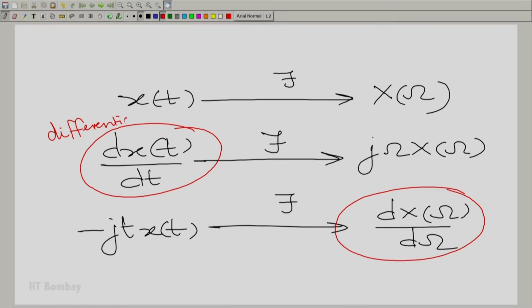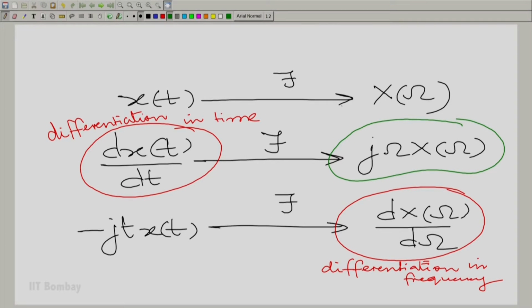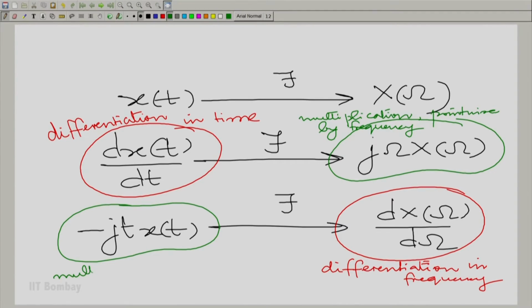Let us look at this and this. Here you have a differentiation in time, and here you have a differentiation in frequency. And correspondingly, here you have a multiplication by the frequency, and you have a multiplication here pointwise by time.